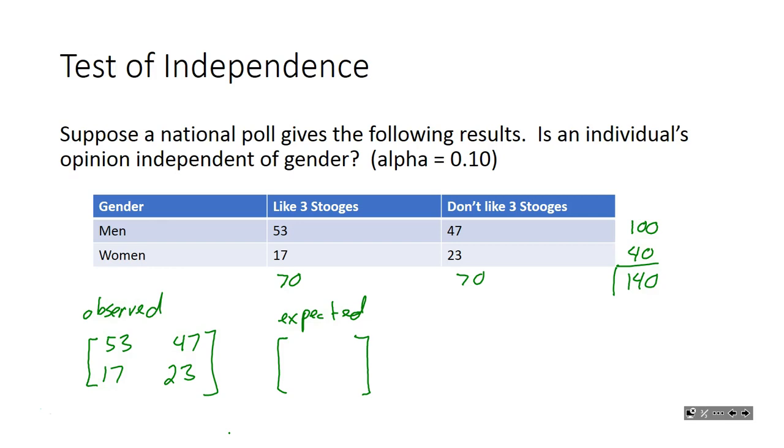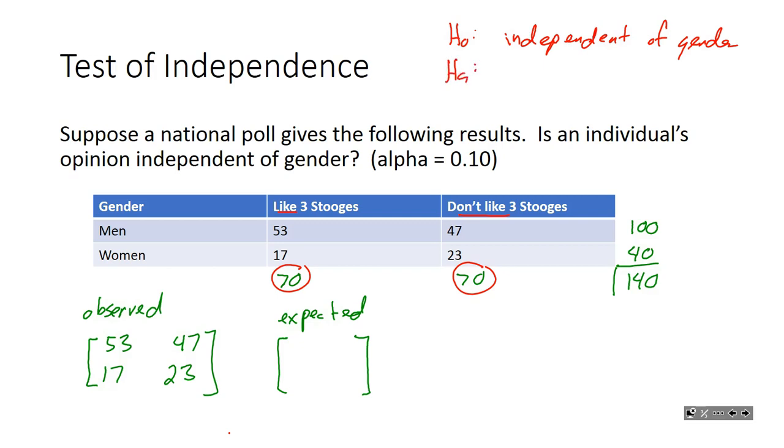Okay, now first off, notice of course that according to this data, like the Three Stooges are 70, don't like there are 70. So we could say basically there's a 50% chance that someone likes the Three Stooges. Now, we're starting out with the assumption that these results are independent. In other words, it makes no difference whether you're male or female. So our null hypothesis will be basically that our distribution is independent of gender.